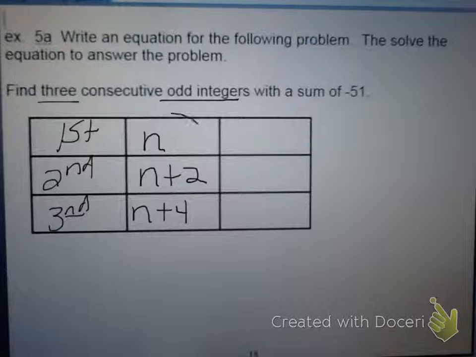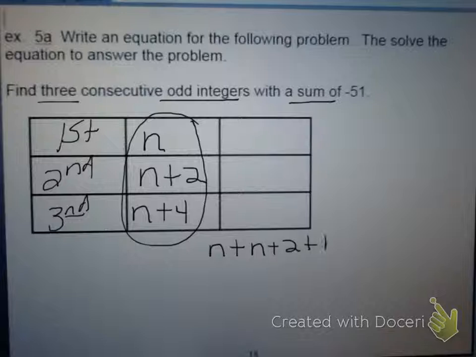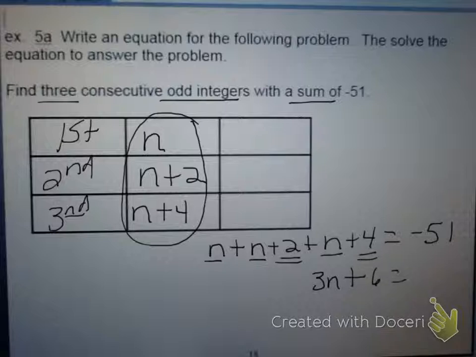Now you're going to get the information from this column. Sum means to add, so we're going to add them up. n plus the second integer, which is n plus 2, plus the third integer, which is n plus 4, is equal to negative 51. We're going to combine like terms. n plus n plus n is 3n, plus 2 plus 4 is 6, is equal to negative 51.